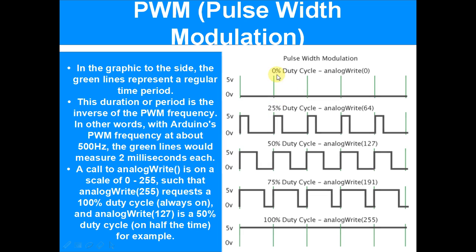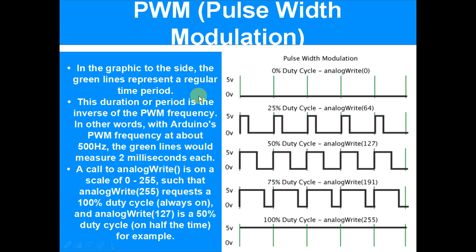Right, here is a diagram of pulse width modulation where we've got 0% duty cycle, which would be analogWrite 0, 25% duty cycle, which is analogWrite 64, 50% duty cycle, which is analogWrite 127, 75% duty cycle, which would be analogWrite 191, and 100% duty cycle, which is analogWrite 255. In the graphic to the side, the green lines represent a regular time period. The duration, or period, is the inverse of the pulse width modulation frequency.